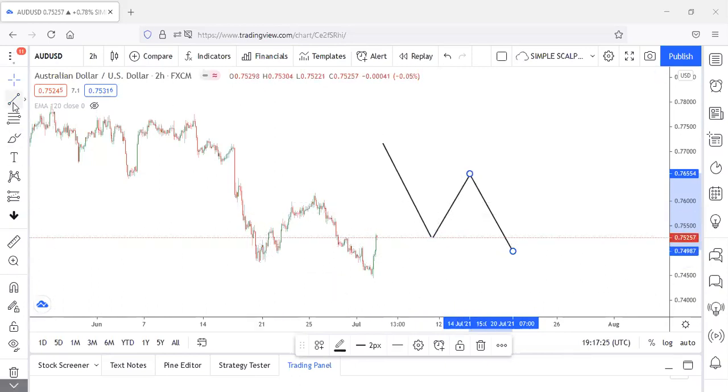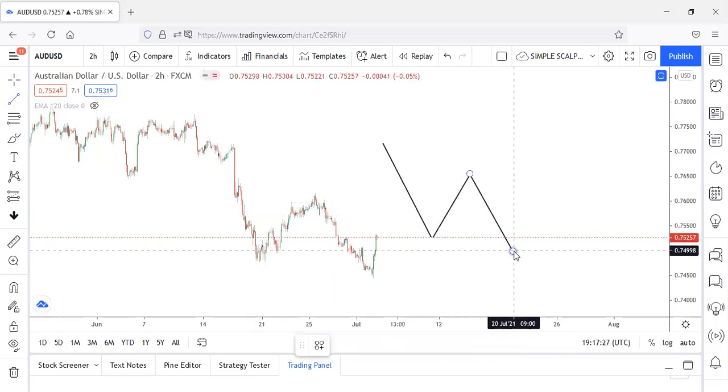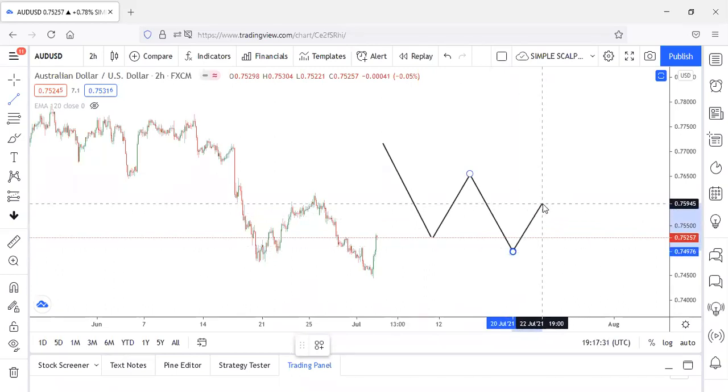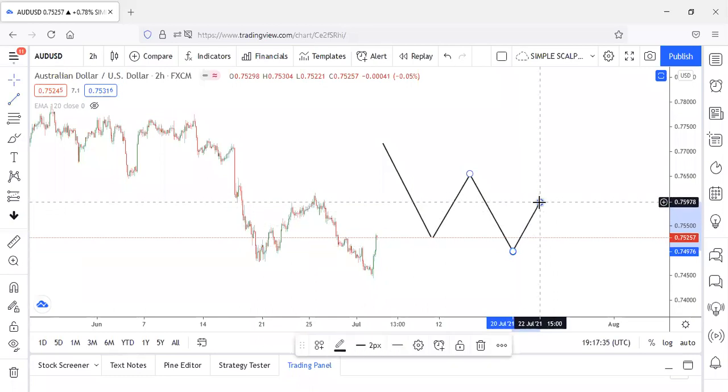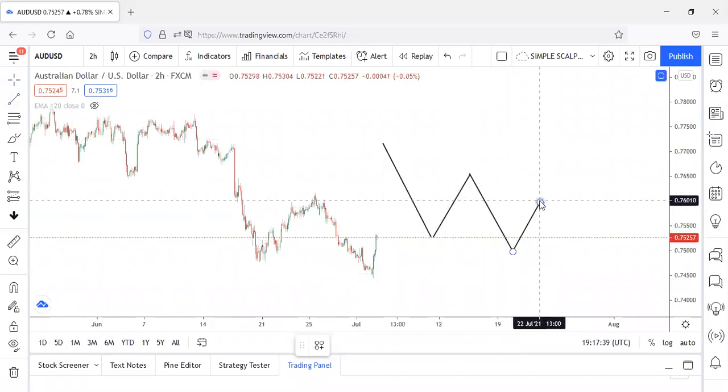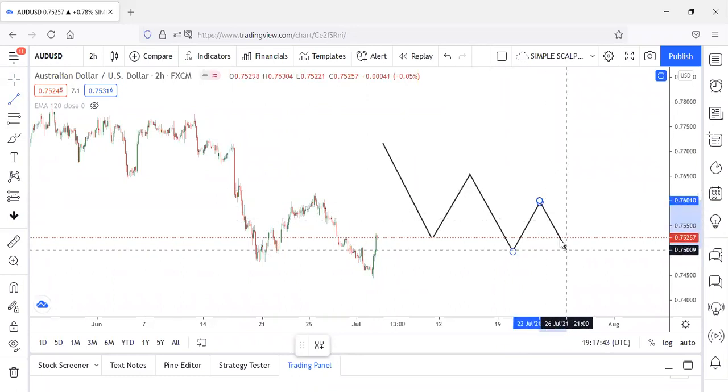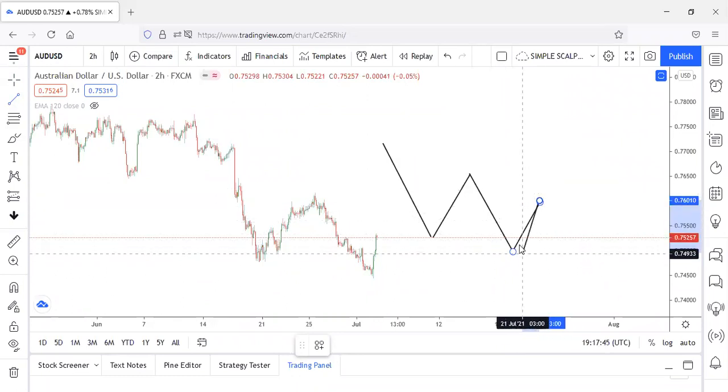Once you have this structure, the next thing you want to see is another pullback. When you see a pullback, you also cannot confirm that this is going to keep going down. You can't confirm that until this next level gets broken. That is one thing you want to start looking out for in a trend.